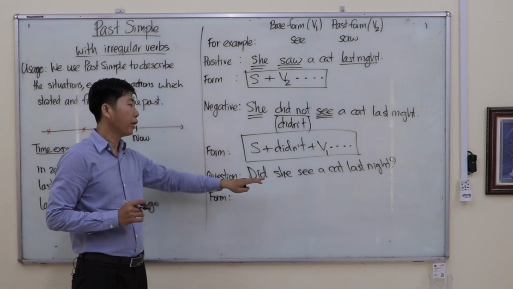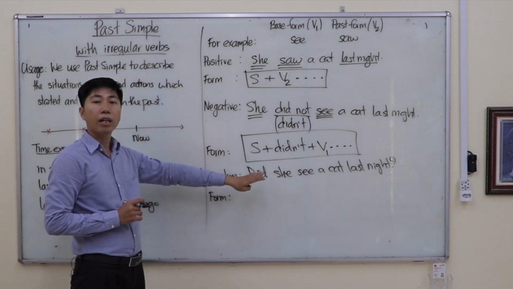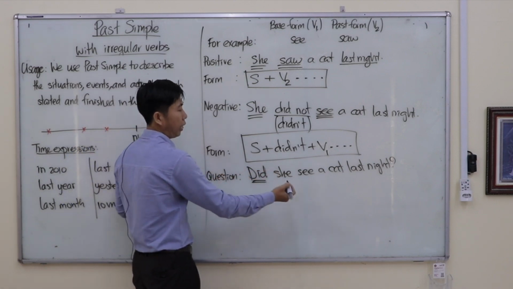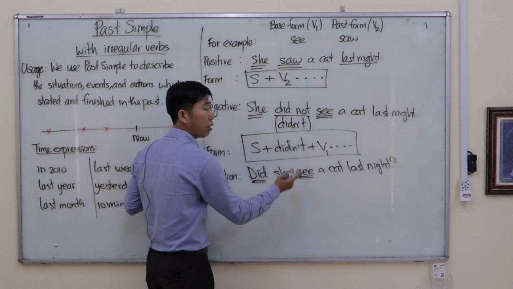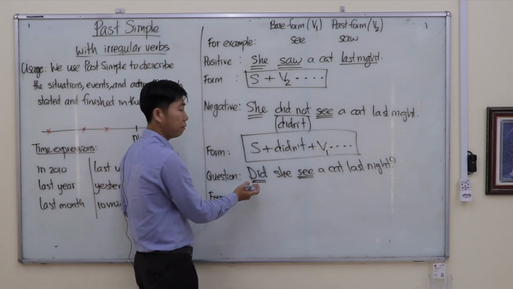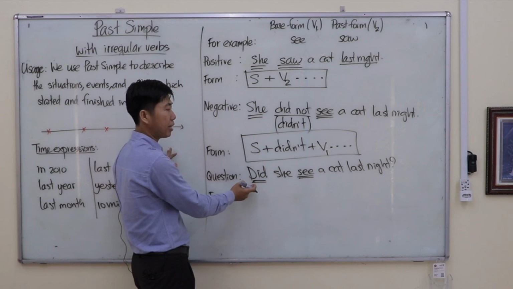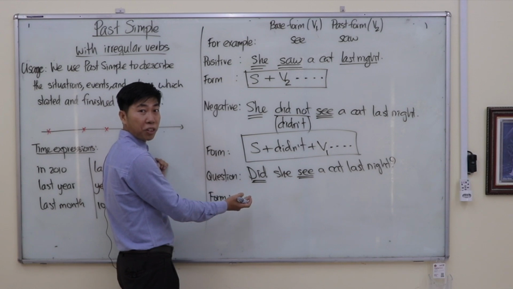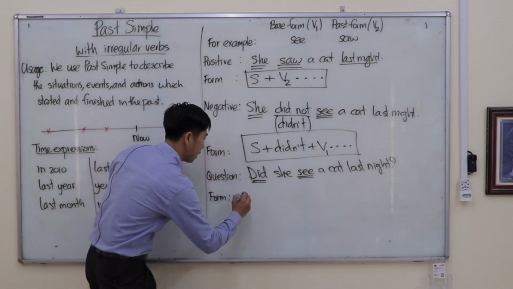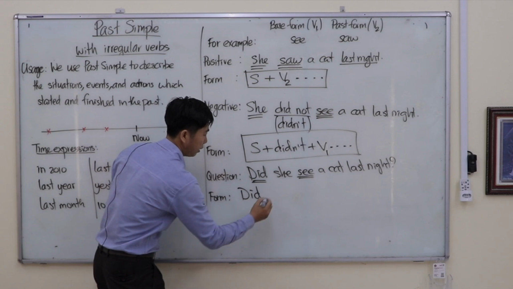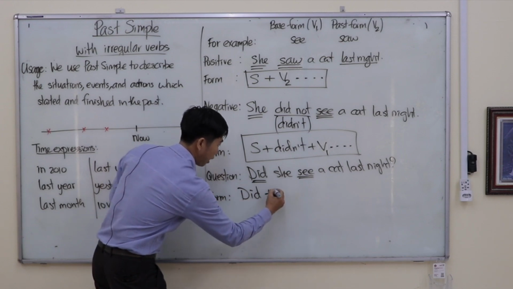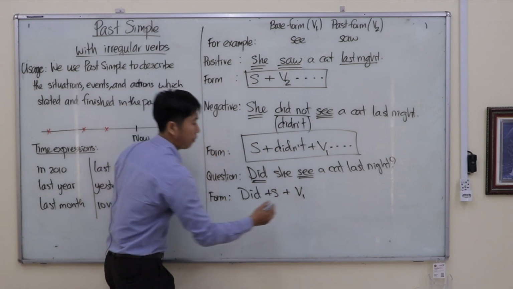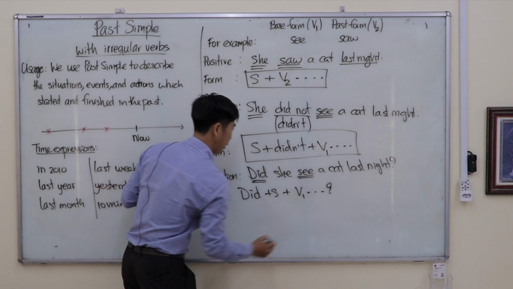In a question, we also use the helping verb did to make the question. The verb in the sentence is also base form because of the helping verb at the beginning of the sentence. So how can we form a question? We can say did, and then subject, and then verb base form, and then the rest, and a question mark.